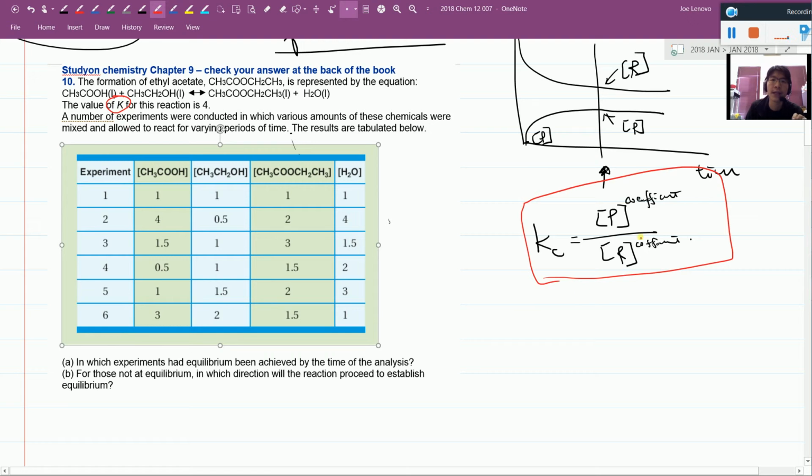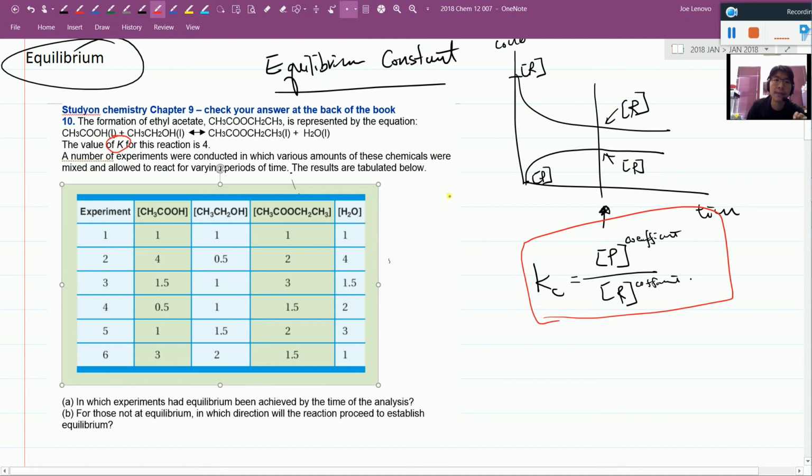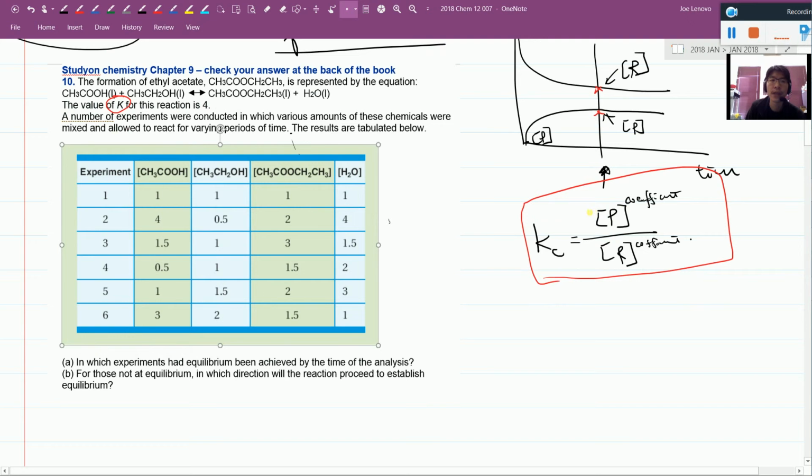If you look at the graph, it means that as the reactants drop and the product increases, at a certain point they become constant. And this constant, with the coefficients, we find equals 4.